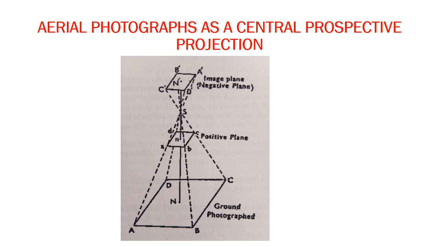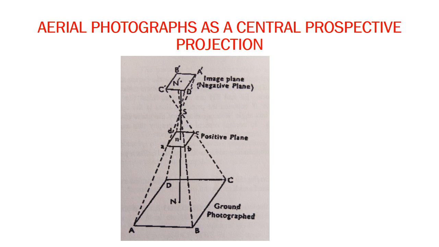The image projected by a lens system is treated as a central projection. The advantage of central projection is its ability to produce a three-dimensional model of the terrain under a stereoscope.